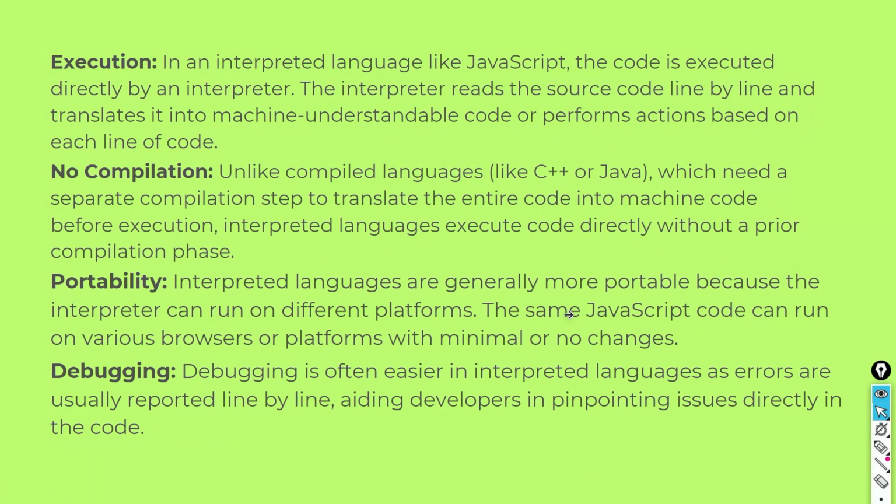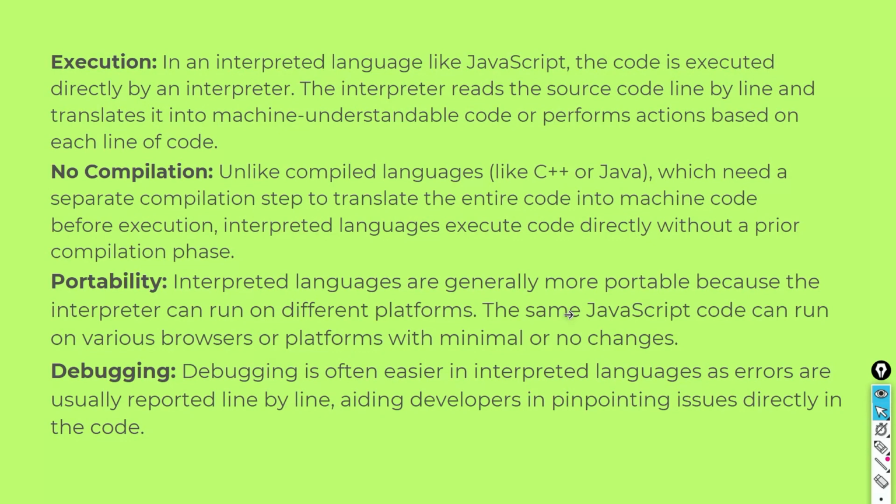In an interpreted language like JavaScript, the code is executed directly by an interpreter. The interpreter reads the source code line by line and translates it into machine understandable code or performs actions based on each line of code. So what the interpreter does is execute one line at a time into machine code, which is zeros and ones.